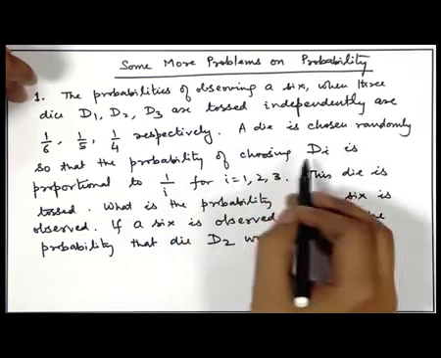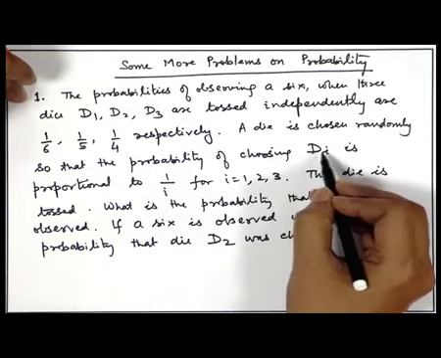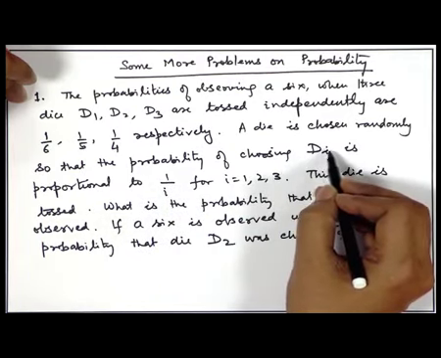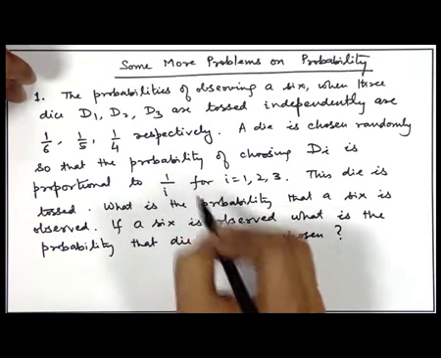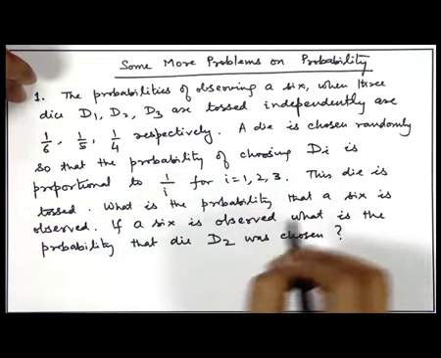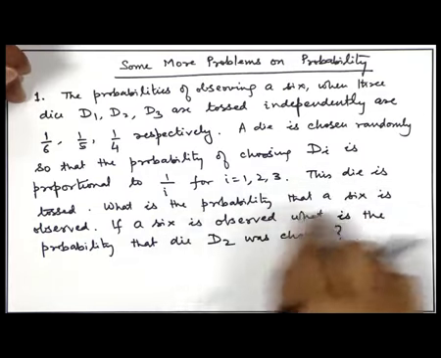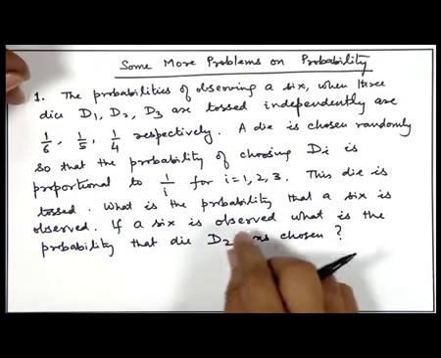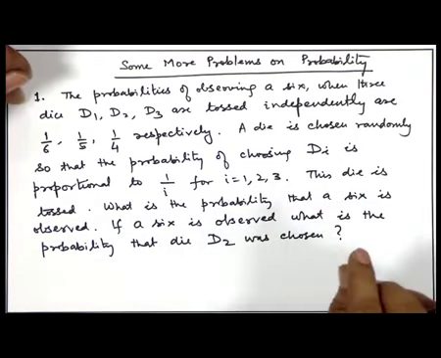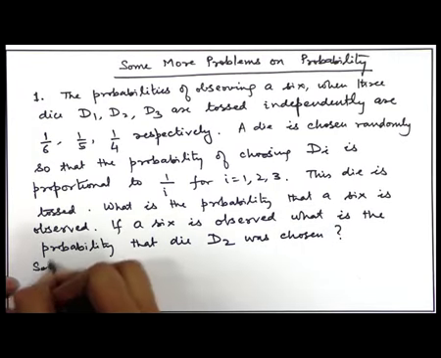The probability is actually proportional to 1 by I. That means, if Di is chosen, the probability will be some alpha by I for I is equal to 1, 2, 3. Then this particular die which has been chosen is tossed, and then some question is asked, that is, what is the probability that a 6 is observed, and if a 6 is observed, what is the probability that the die D2 was chosen? So, let us look at the solution here.